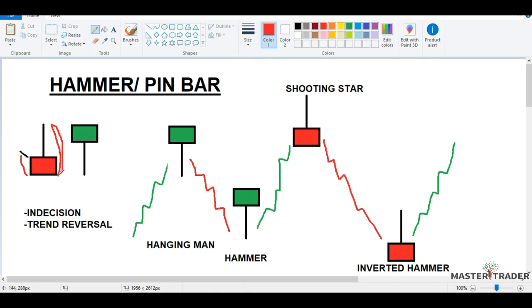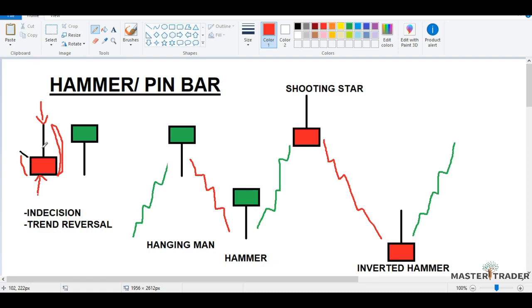So if you understand this, there's a clear fight going on between the bulls and the bears, because the bulls are pushing price up from this level, and the bears are pushing price down from this level. So there's a clear fight going on between the bulls and the bears, and so this indicates indecision.